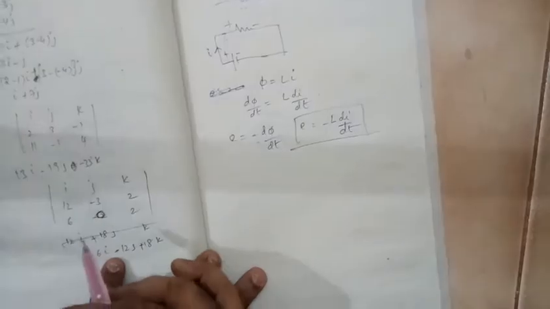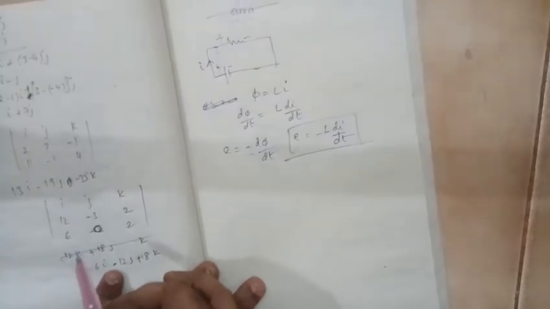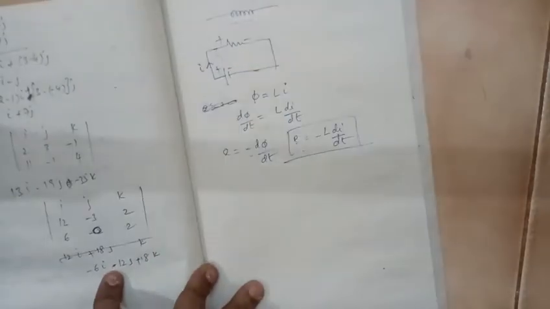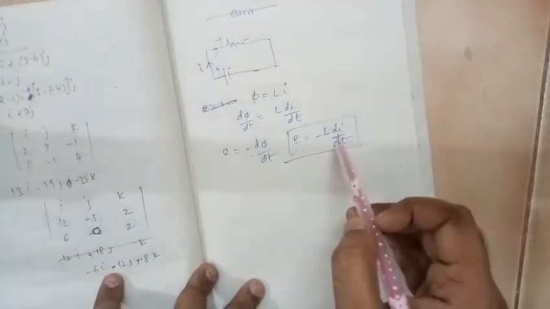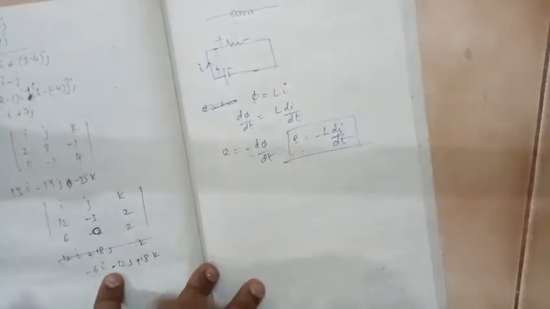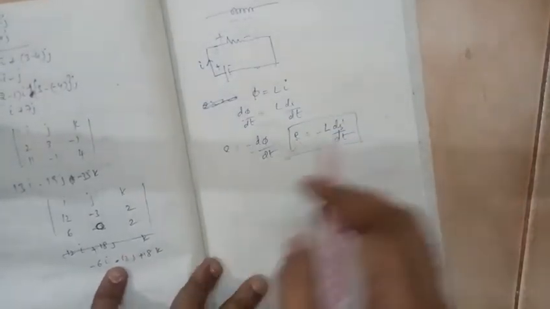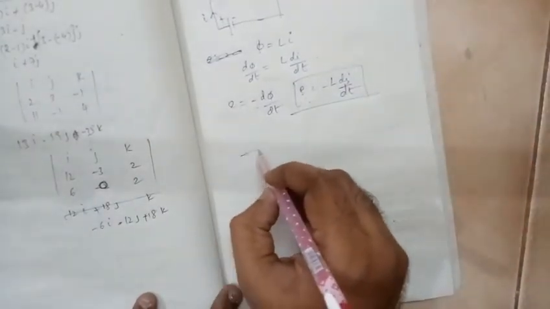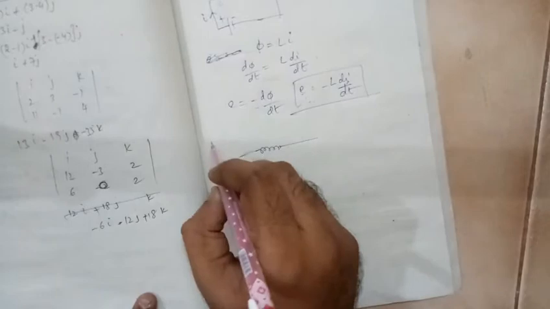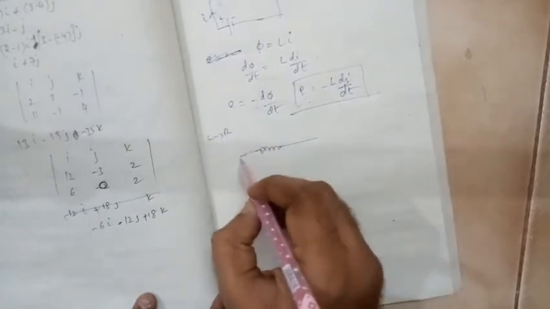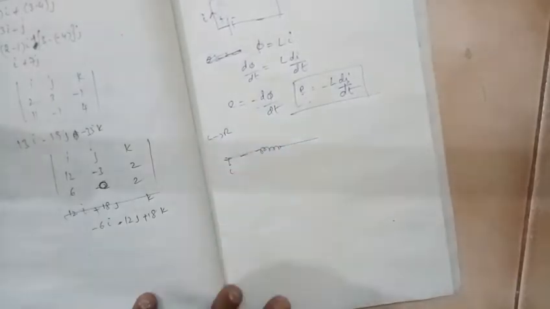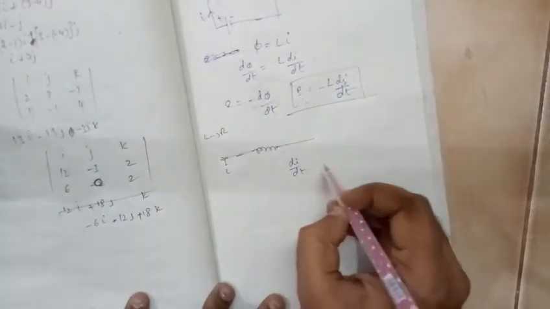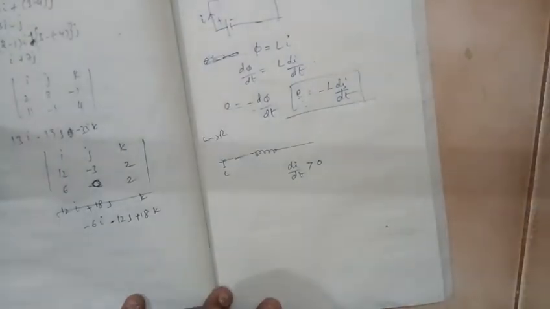Di by dt is the rate of change of current. So this induced EMF will always try to oppose that change. If it is trying to increase, it will try to decrease. So we have couple of scenarios like this. Let us say from left to right current is flowing and di by dt is greater than 0.